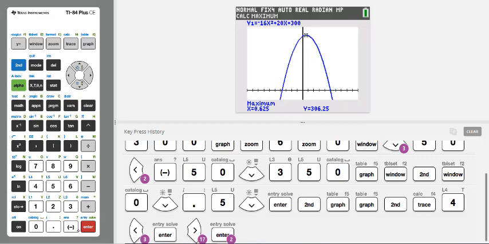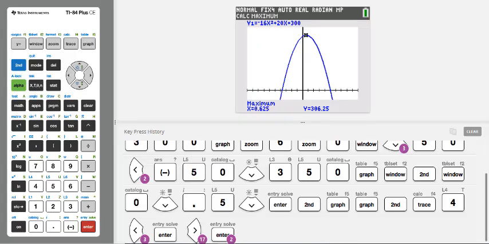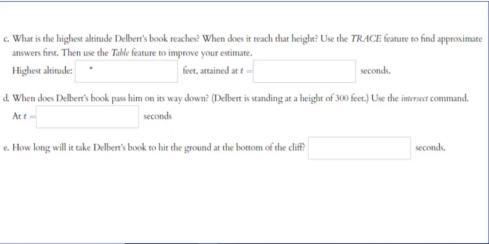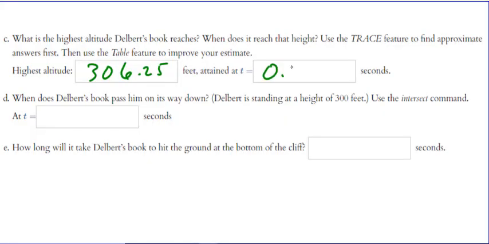And when I do that, it is at 306.25 feet, and the time that it reached that was 0.625 seconds.